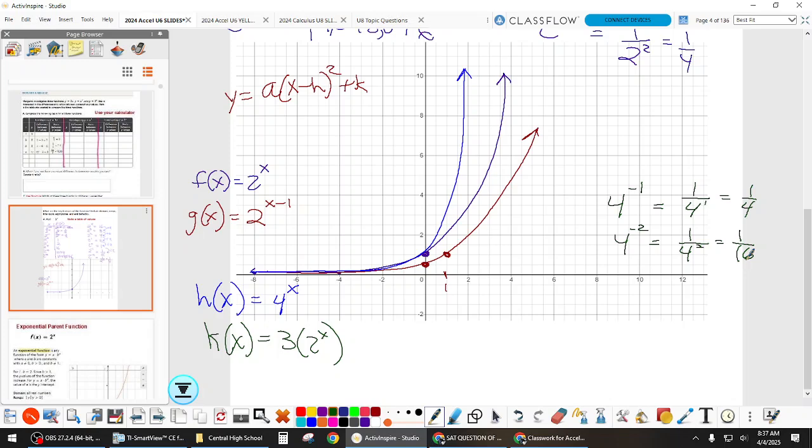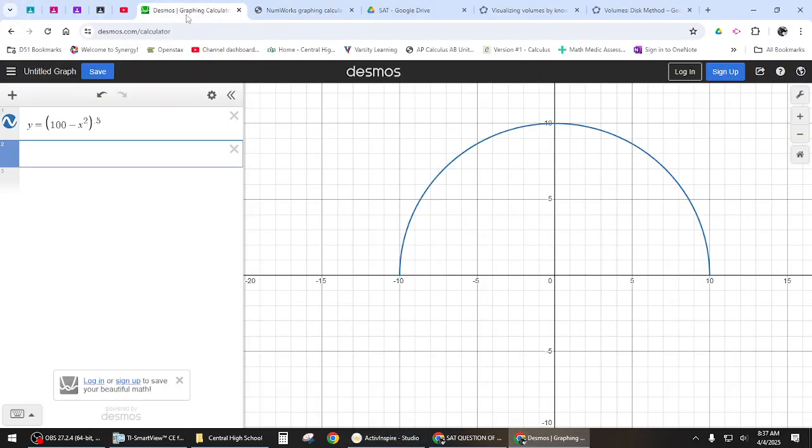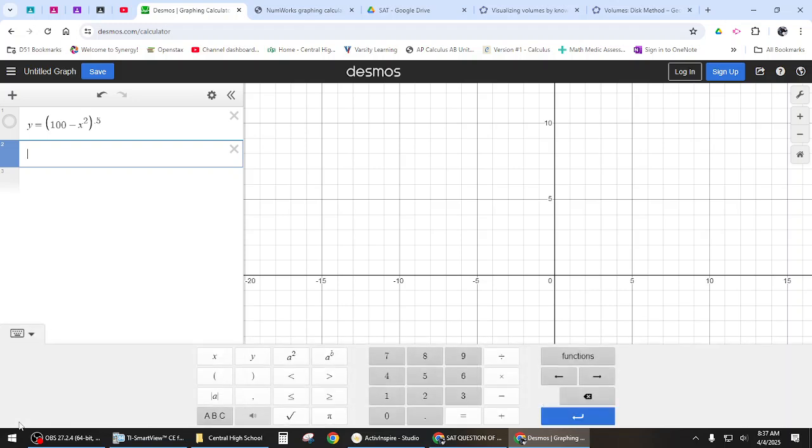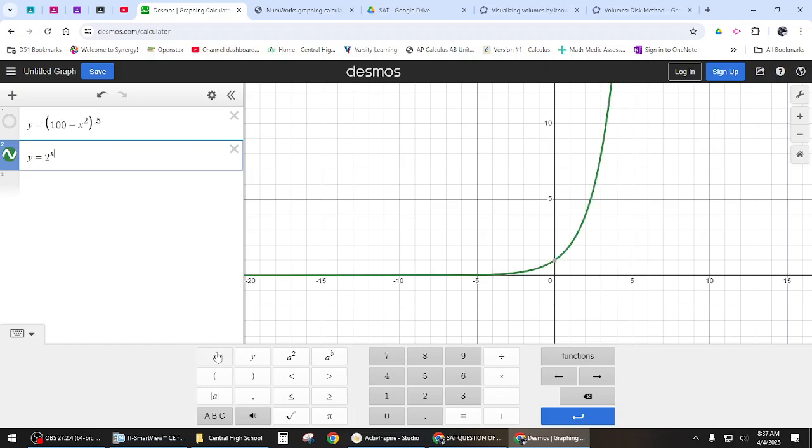If we plug these into Desmos, which is probably a good idea, you'll see. Oh, that's cool. That looks funny. Okay, so 2 to the x. And then do you want to do 4 or something even bigger?